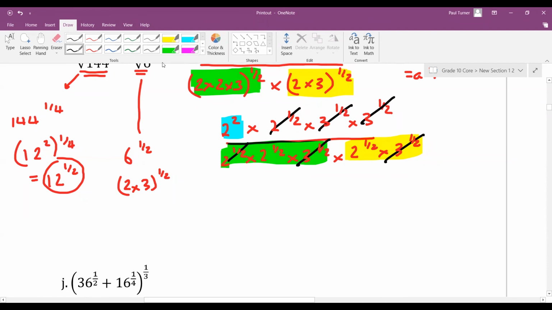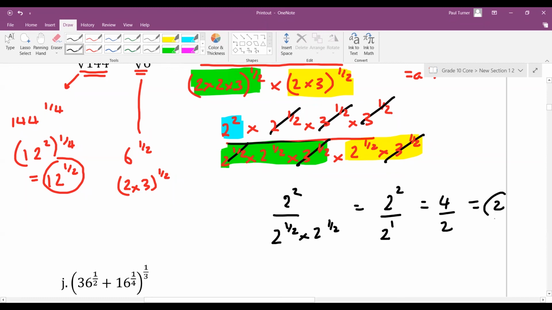So you're going to be left with 2 squared on 2 to the half times 2 to the half. So you've got 2 squared on half plus a half is 1. You're going to get 4 on 2, which is 2. So that's your answer there.